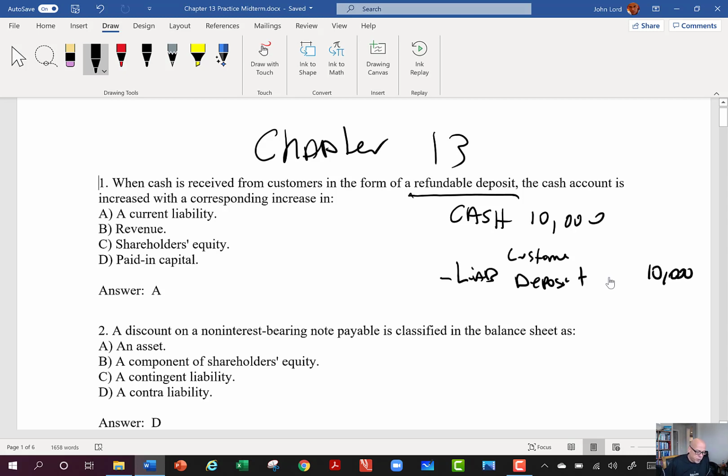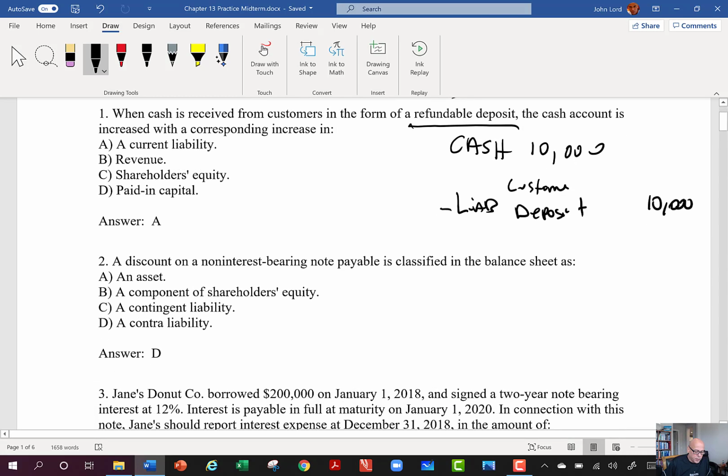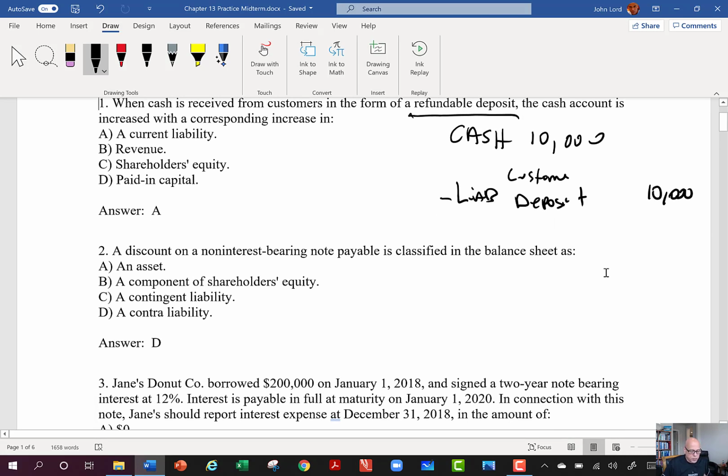Take a look at number 2, a discount on a non-interest bearing note. Just to recollect back to our lecture, a non-interest bearing note is a note in which they say, hey, the note is going to mature for $104,000, and they don't mention interest, but they only loan you $100,000. You're going to have to pay back $104,000.